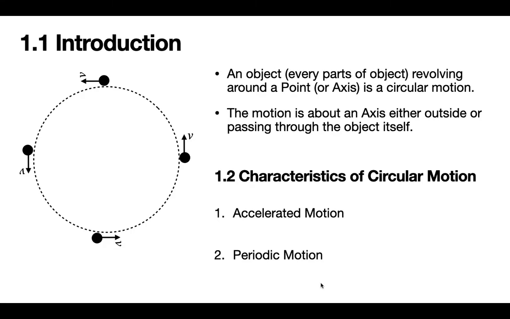And why periodic motion? Because of the repetition. The object which goes in a circular motion, let's say it starts from point A, after some time it comes back again to the same point A. So it repeats that motion itself. That is the reason it is called periodic motion.